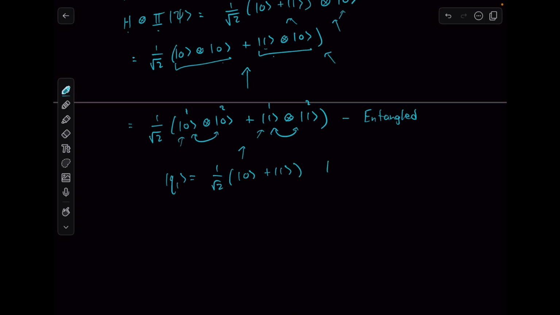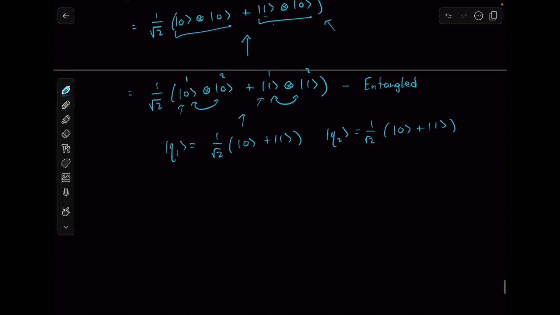But then we'd also have to do the same thing for qubit 2. And then what happens if we take the tensor product? Well, we certainly don't recover this state up here, since we get these cross terms 0, 1 and also 1, 0, which don't show up over here.